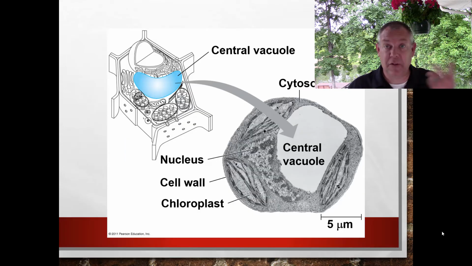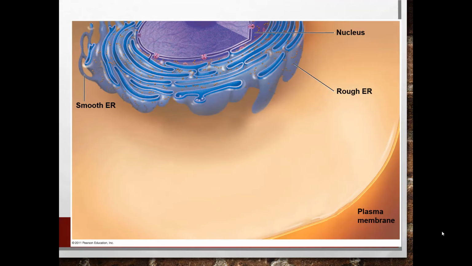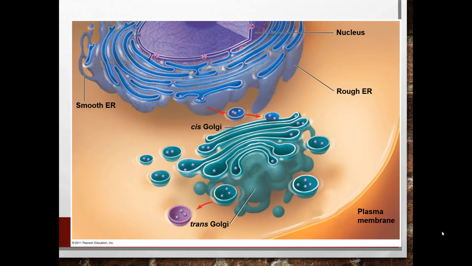And so here's another diagram of that large central vacuole that you're going to find in plant cells but not in animal cells. And so again, just a series of diagrams showing the relationship and how things can move from one piece to another. And you see that things can bud off from the endoplasmic reticulum, they move to the cis face of the Golgi apparatus where they can fuse because it's made of the same material.